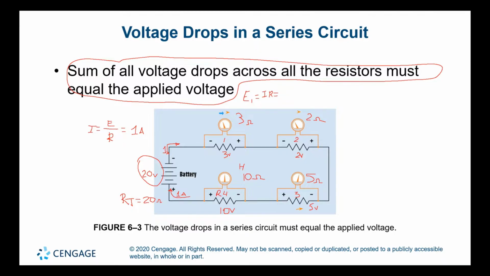And also, if we are trying to push 1 amp through each individual component, remember the definition for voltage. Voltage is electrical pressure. It is the pressure that is pushing the current through the components, through the resistors.